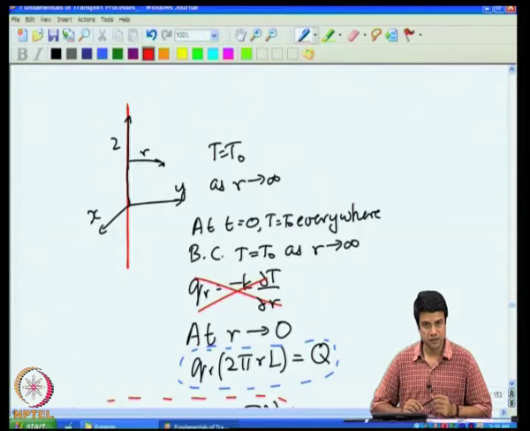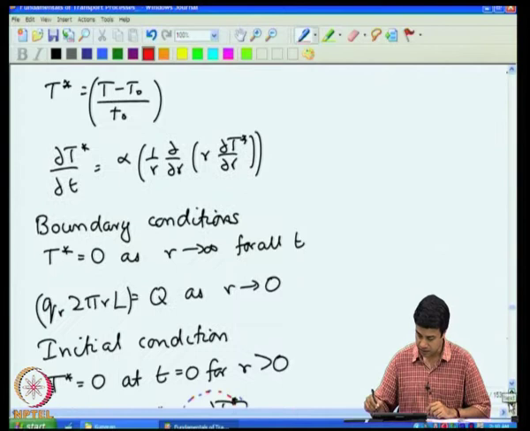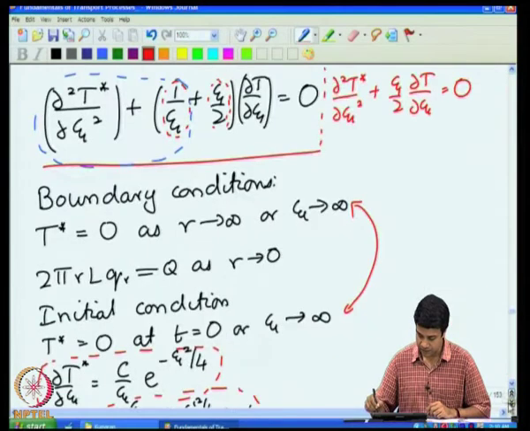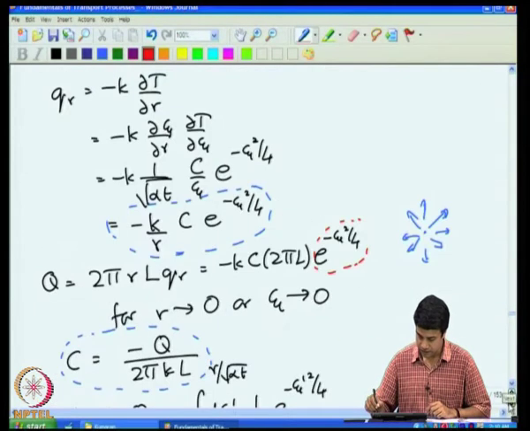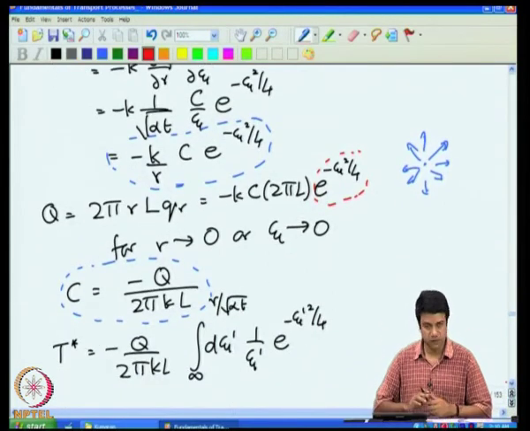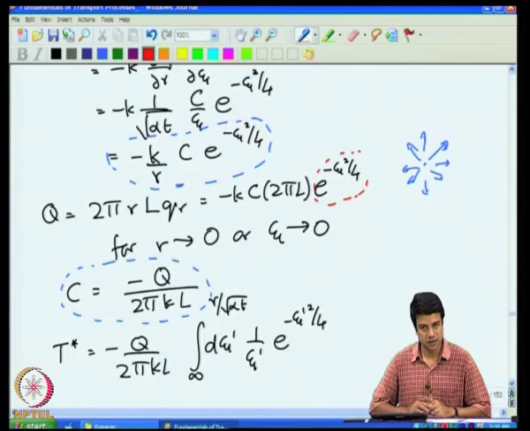The flux itself goes to infinity, but the surface area very close to the cylinder goes to 0 as the cylinder becomes thinner and thinner. And on this basis, we managed to get a similarity solution for the temperature field. Okay. So, in this case, rather than specifying the value of the temperature at the central axis itself, it is necessary to specify the value of the flux.